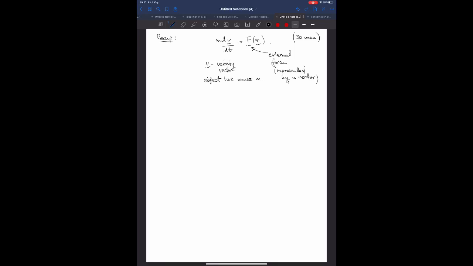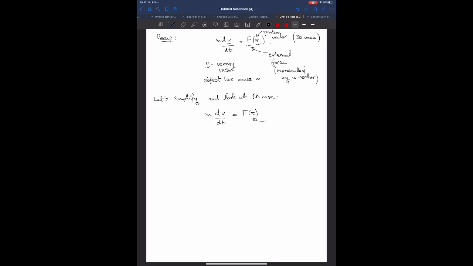Then we said, okay, let's simplify and look at the 1D case. Remember, this is the position vector, and in 1D this just reduces to a function, say, x, as the argument for f. And we have something like dv by dt equals f of x.